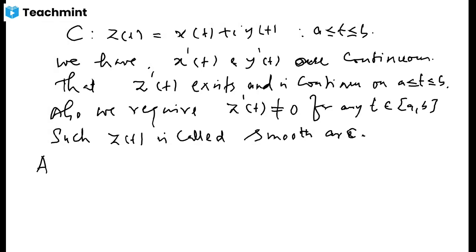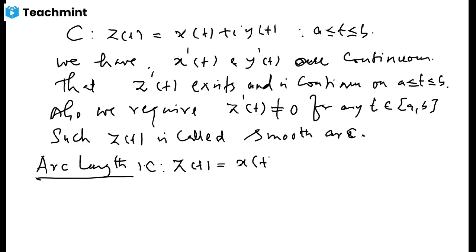We suppose that we have a smooth arc. Let we have this smooth arc z(t), a less than or equal to t less than or equal to b.